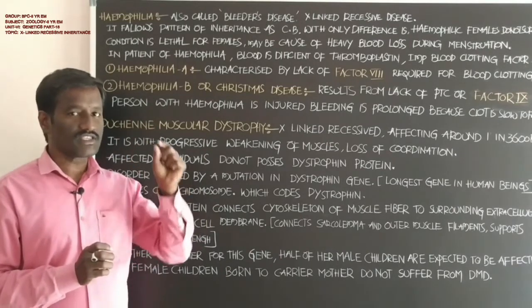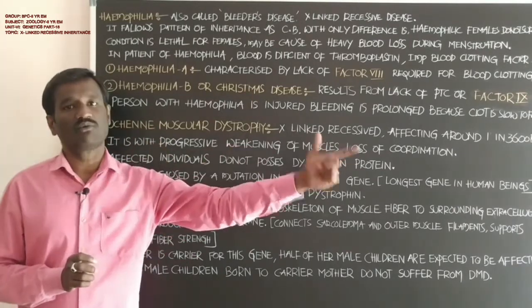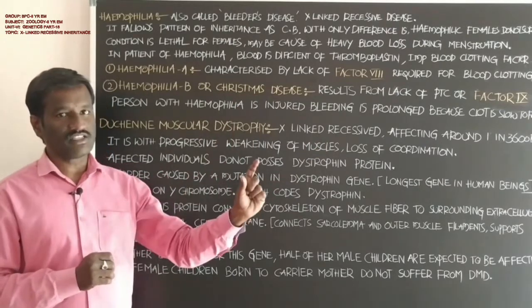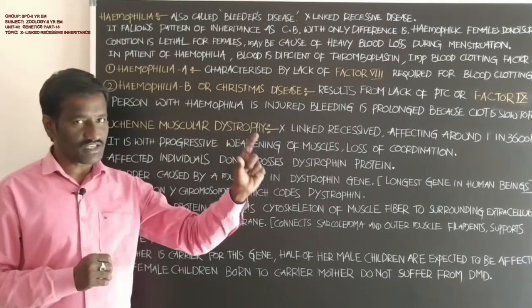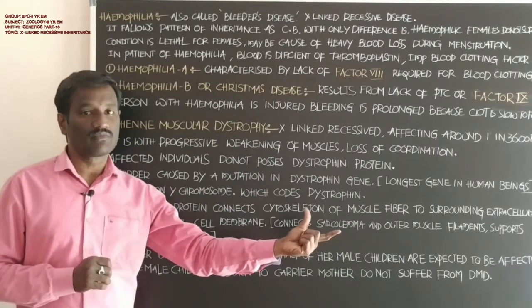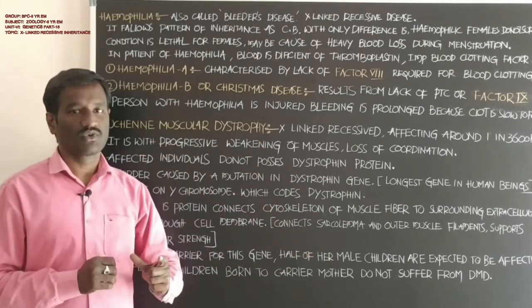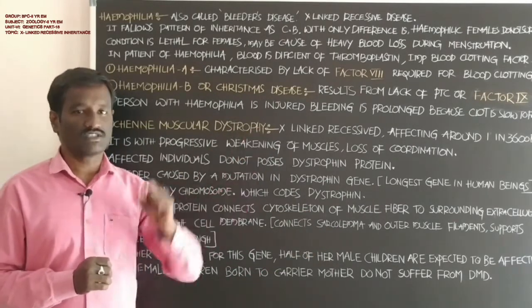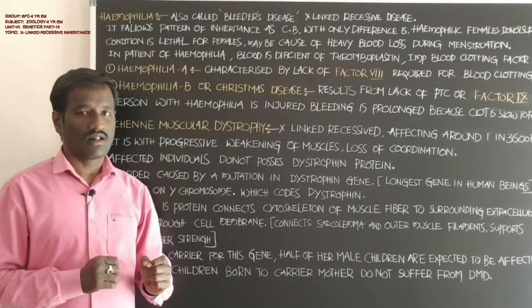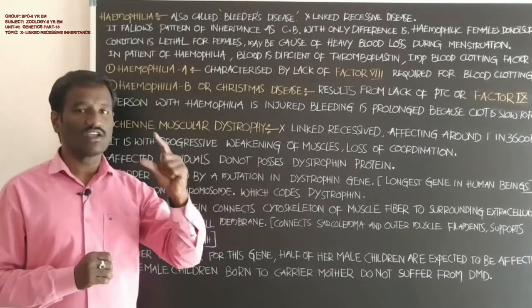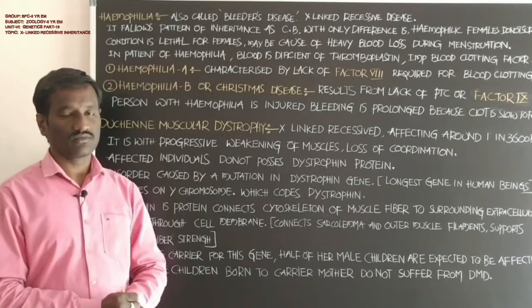Dystrophin is the protein coded by one gene. That is the gene, students, that codes the dystrophin protein, which undergoes mutation and is available in the form of the recessive allele.